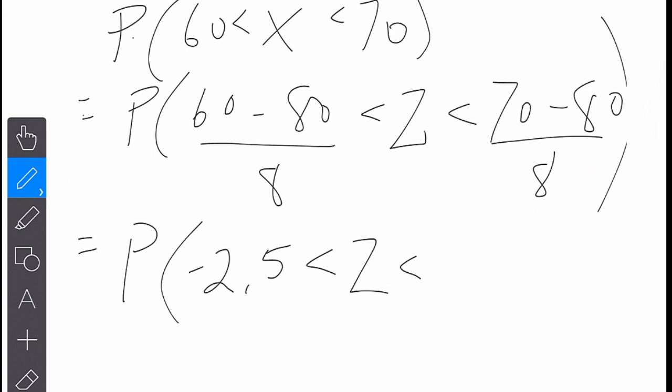So these are below the mean results. So what's the chance of being between 2.5 standard deviations below the mean and 1.25? And that's it. You need to answer that now as though it was a normal problem.